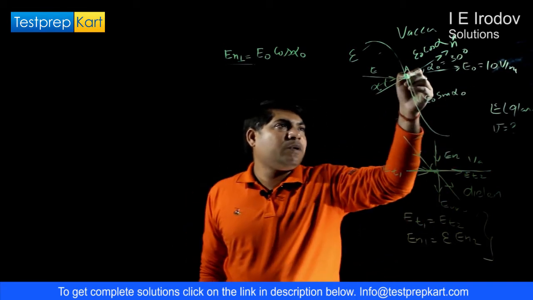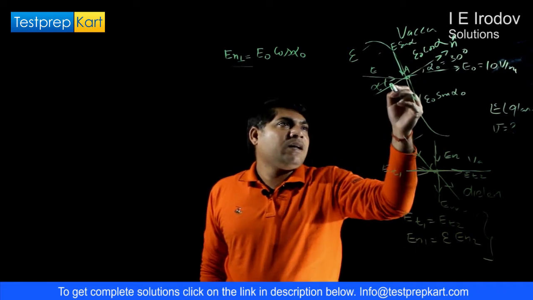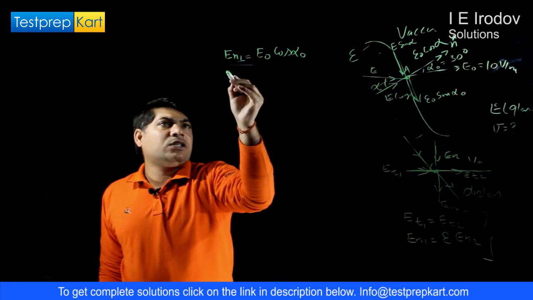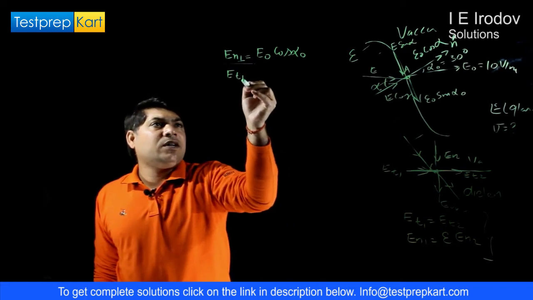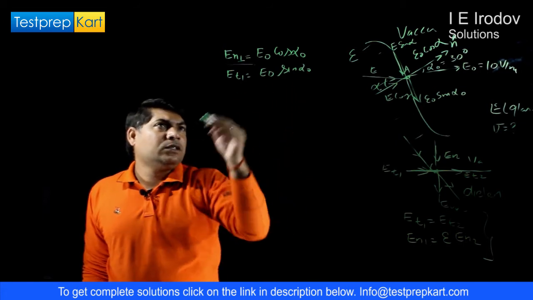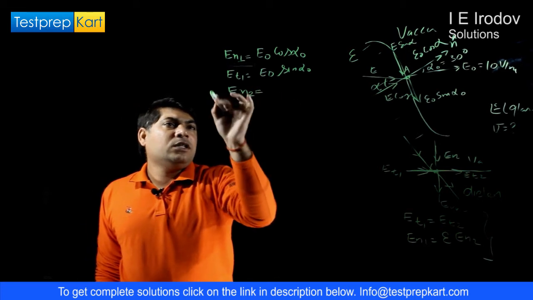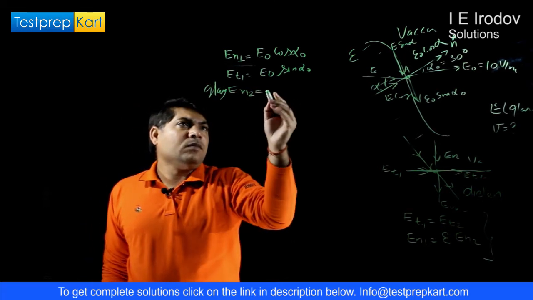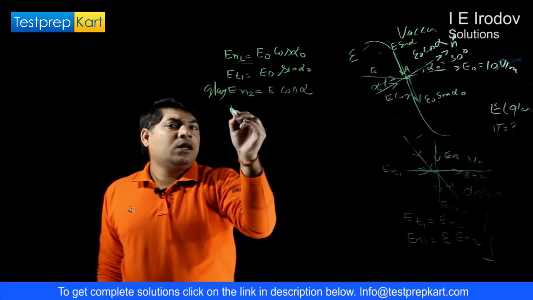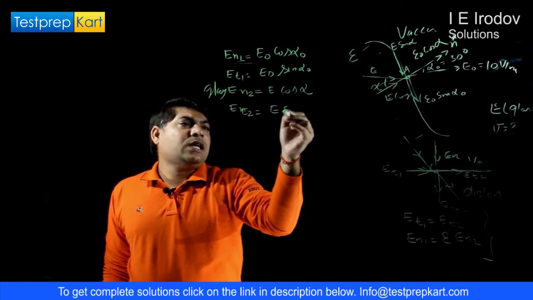Similarly, we can write the components here as E sin alpha and E cos alpha. So En1 is E naught cos alpha naught and Et1 is E naught sin alpha naught. For the second medium, glass, En2 is E cos alpha and Et2 is E sin alpha.